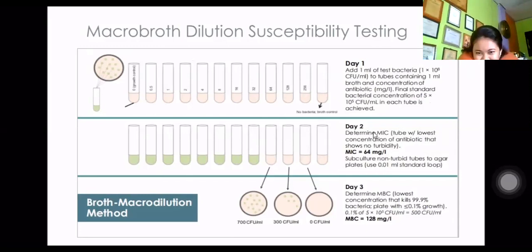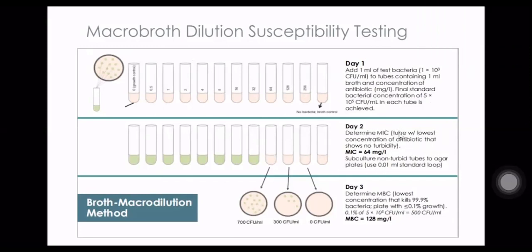And then after that, determine the MIC or the minimum inhibitory concentration, which signifies tube with lowest concentration of antibiotics that shows no turbidity. So like for example, amo ni siya ang color green, amo ni siya ang aton nga may microorganisms, no? Color green may microorganisms.